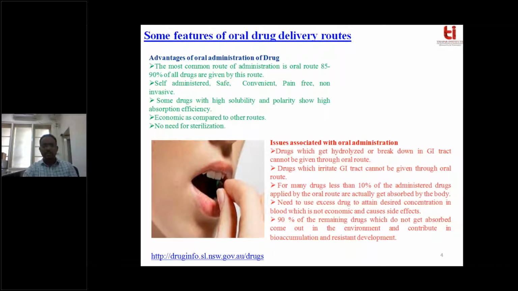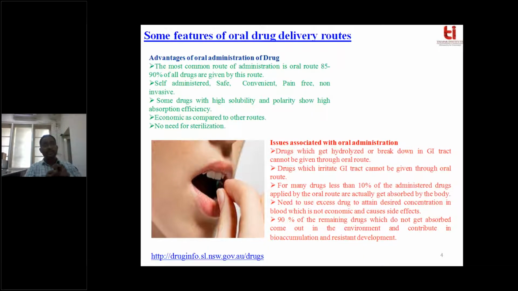Other problems are there, specifically for people who have irritable bowel disease, or some kind of infection, ulcer or tumor in the GI tract. When you're using that much excess drug, say 90% of the drug you don't need, it goes out, coming to your large intestine and staying there, and that can cause a lot of irritation and inflammation to those patients who are already suffering.